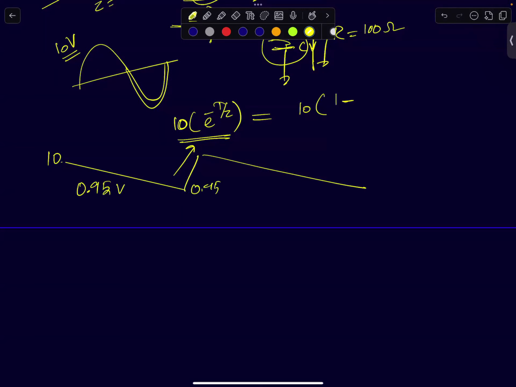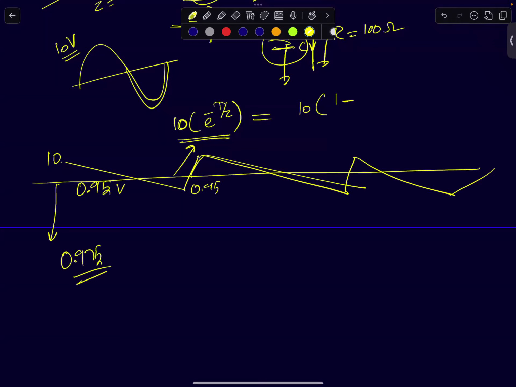So what is the average value? I can approximate this average value to 9.75 volts. That's the average value. Is this fine, guys? I've just taken the average of 10 and 9.5, because it's a linear variation. That will be the average value here because it's a linear waveform. I've approximated it to a near linear waveform, and I'm assuming this is almost like a step.